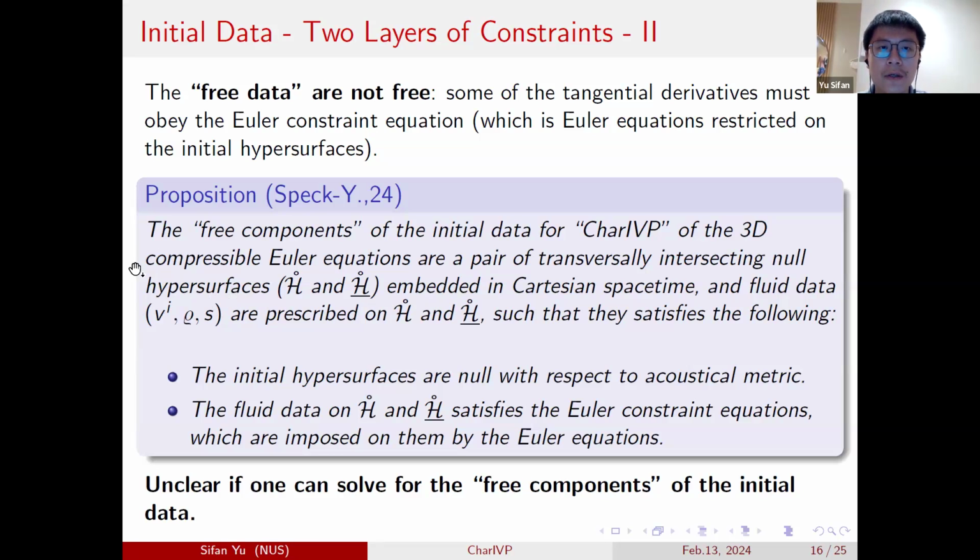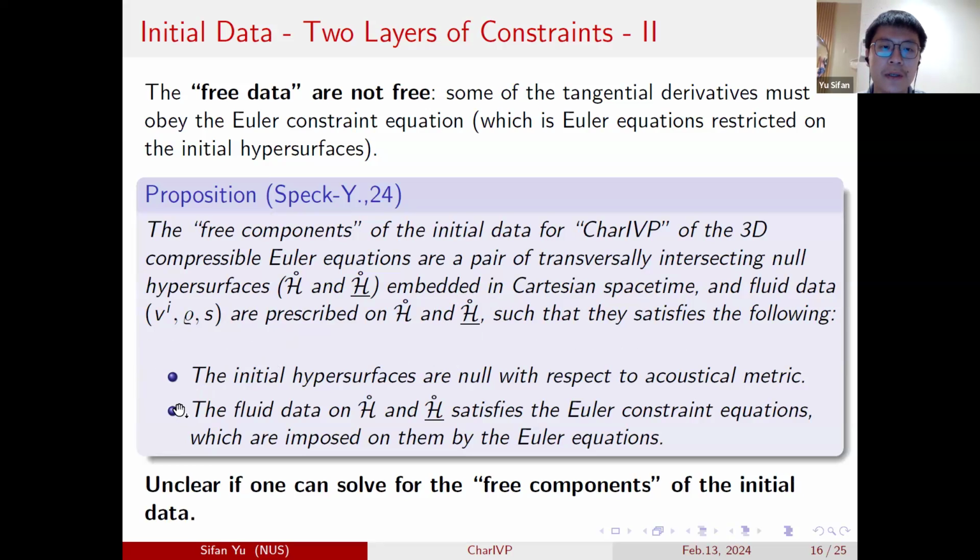All right. So the free components of initial data for the characteristic IVP for the 3D compressible Euler equations are a pair of transversally intersecting null hypersurfaces embedded in a Cartesian spacetime, and fluid data are prescribed on H and H bar. The fluid data and the embedding are prescribed such that they satisfy two properties. The first is that the initial hypersurfaces are null with respect to the acoustical metric.